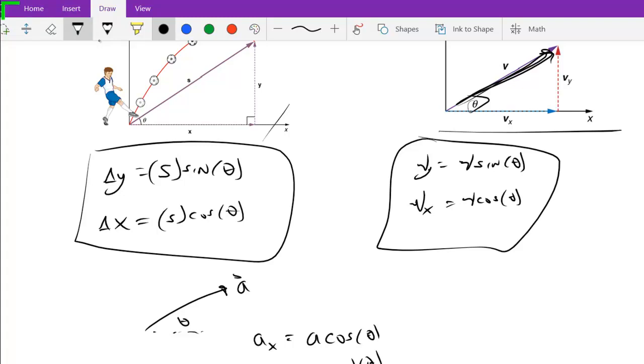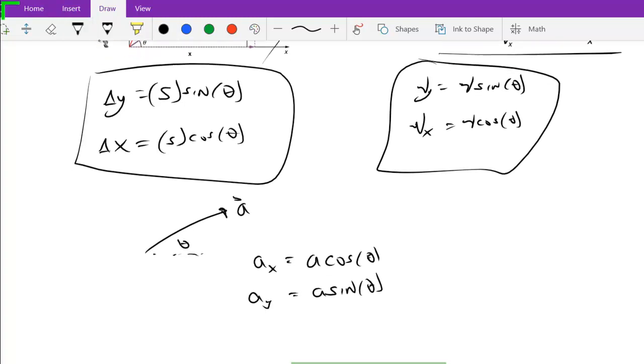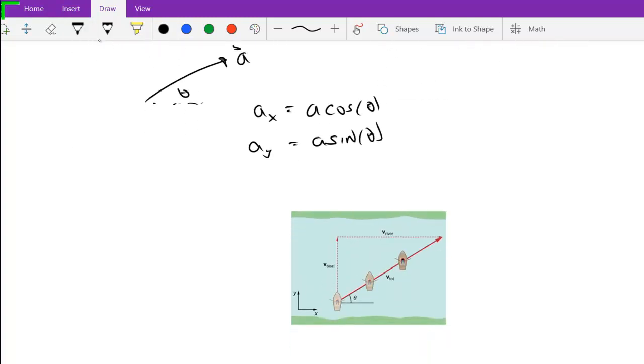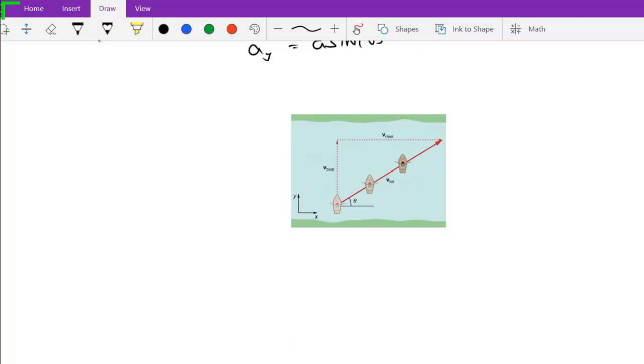So we can start to apply this to real life type problems. Let's say, for instance, we were in a boat and trying to cross a river here. So we have our boat facing this way in the positive y direction, based on our coordinate system over here. But the river is moving off with some current in the positive x direction.